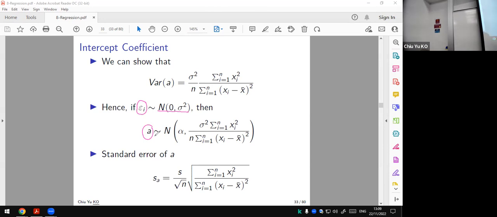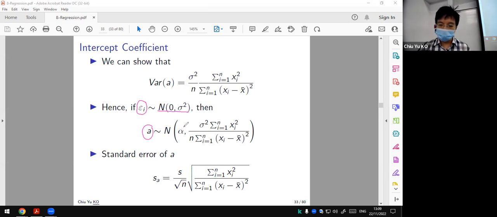Remember, X are non-random. So A is just a linear function of Y, so a linear function of epsilon. That is why A is also a bell, the reason A is a bell.